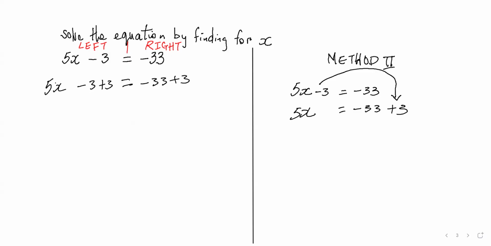Negative 33 plus 3, so look at it again. Oh, my bad. Yeah, negative 33. So you can't add because it's negative 33 plus 3. Look, I started it all for you. But I like how you set down your work. Very good.